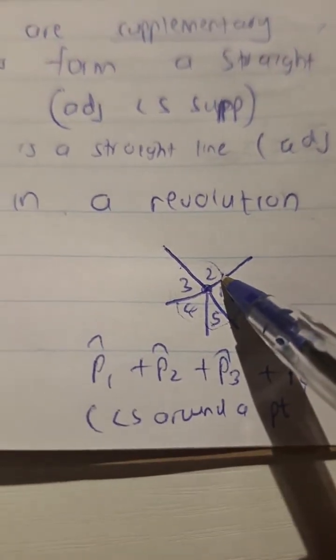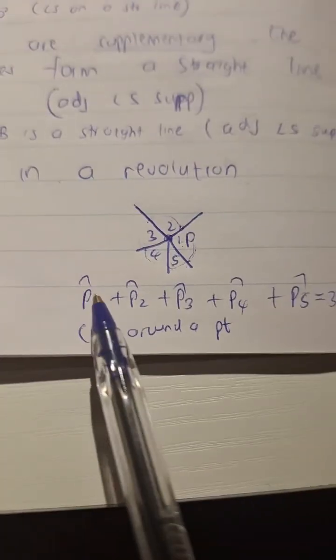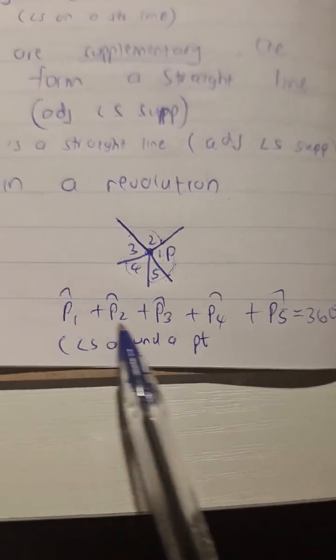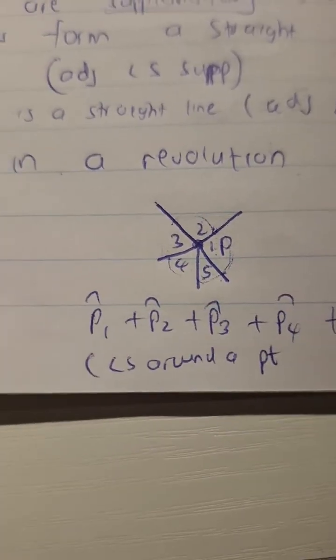Circle, from the beginning all the way next to the beginning. That's a revolution. So how many angles are we talking about? Angle P1, angle P2, angle P3, angle P4, angle P5. We are back where we started. So these 5 angles in this situation are all angles that complete a circle. Revolution means a circle, so it must complete the entire thing.